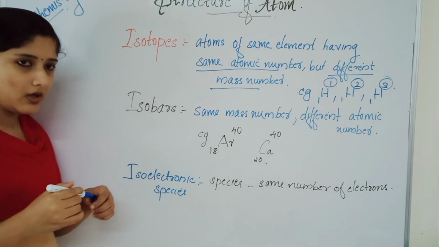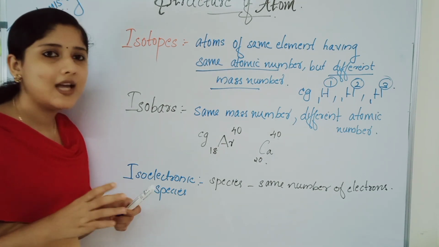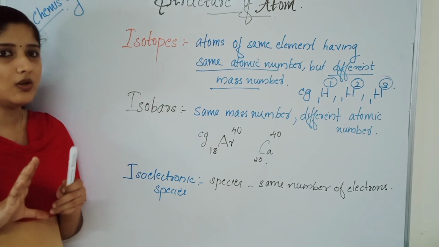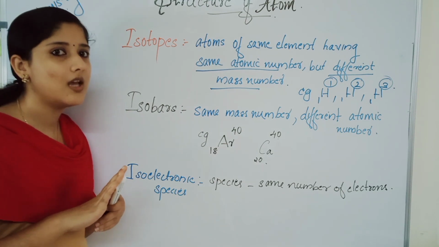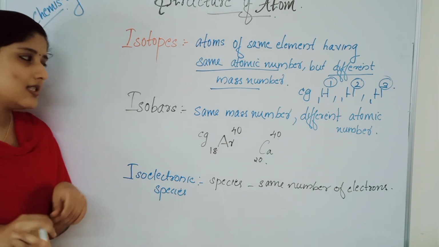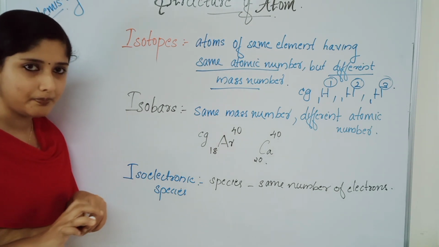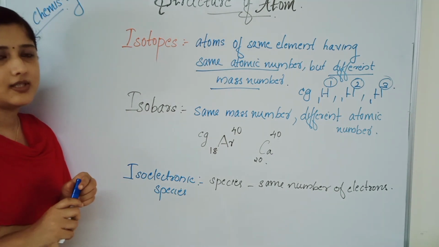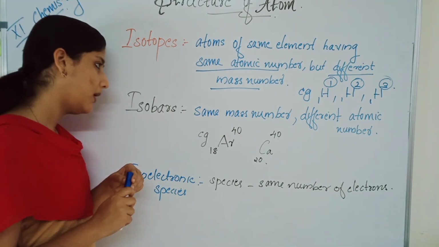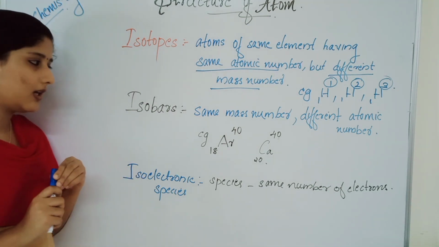Next, isobars. They are atoms of different elements, not atoms of the same element. They have the same mass number but different atomic number.